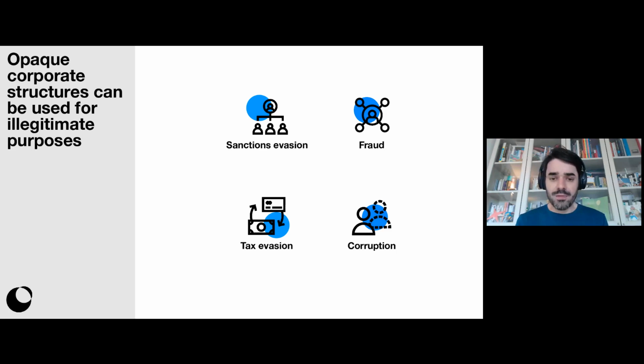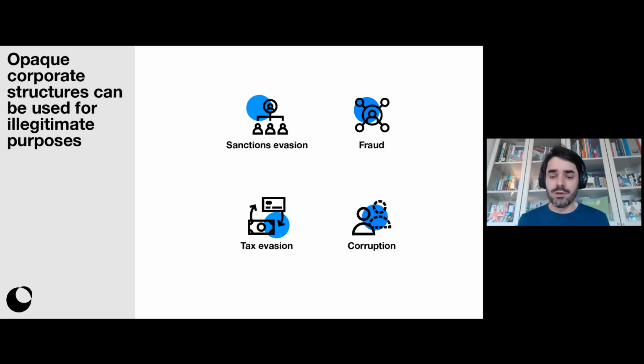Here are some examples. It's possible to create a web of company structures to mask one's ownership and evade sanctions. You are a sanctioned person, maybe you don't want to do business directly with a company that you control directly, and you're going to set up a bunch of intermediaries or proxies to obfuscate your ownership. Opaque corporate structures can also be used in fraud, in tax evasion, or in corruption.